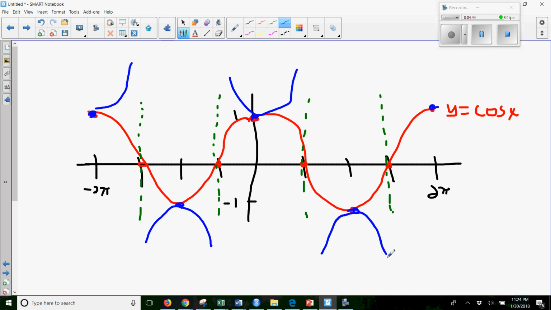There you go. And of course you could do translations. If you put a 2 in front of it, you multiply the y values by 2. You can change the period, and you can flip it over the x-axis as well. So y equals secant x.